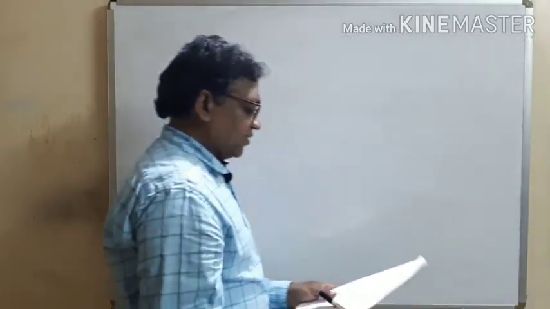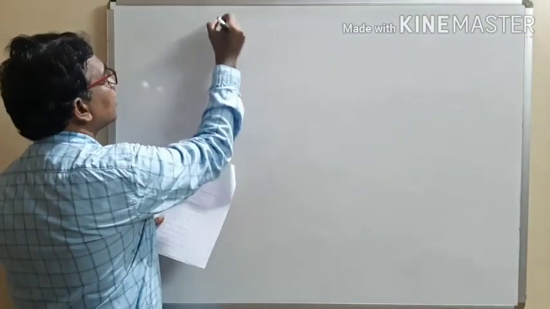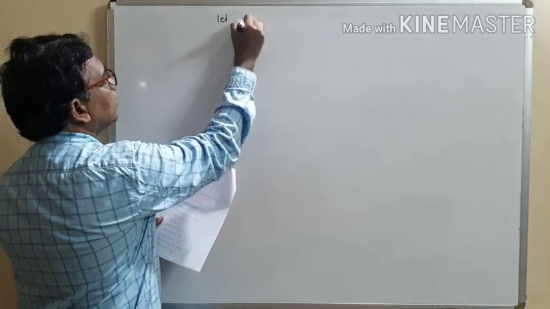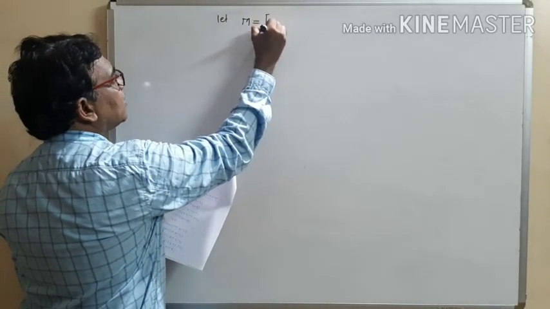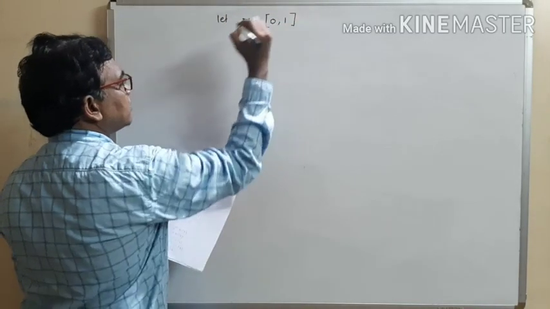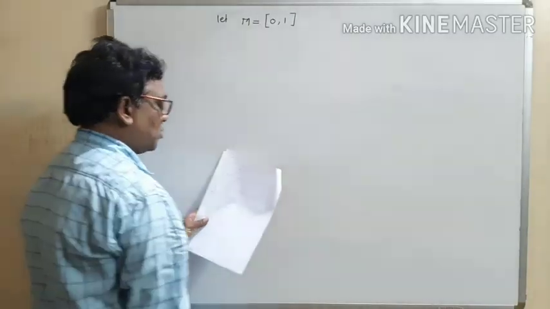Now let us take the next example. Consider the metric space as the closed interval [0, 1].